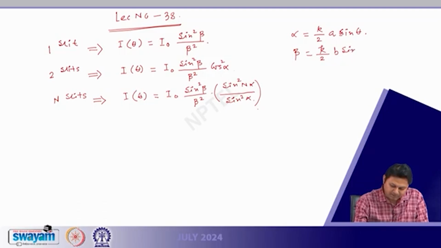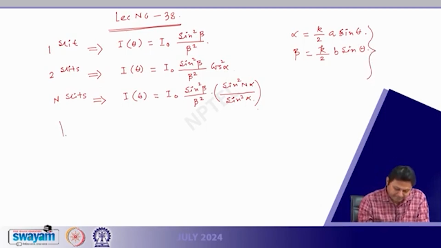What are a and b? That comes from the geometry. For a single slit we have one slit width, and that slit width is b, but for multiple slits we have another parameter, and that is the separation between the consecutive slits.